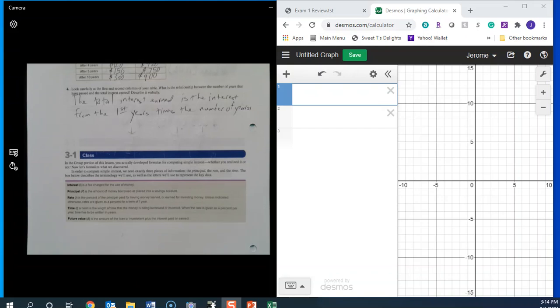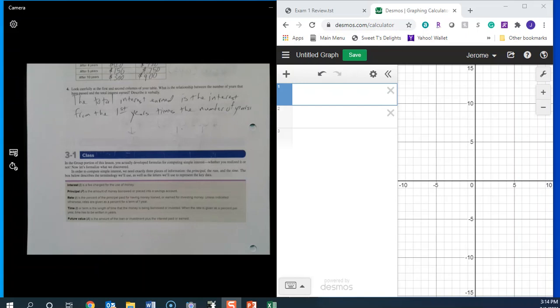Interest I is a fee charged for the use of money. Principal P is the amount of money borrowed or placed into a savings account. The rate R is the percent of the principal paid for having money loaned or earned for investing money, unless indicated otherwise. Rates are given as a percent for a term of 1 year.